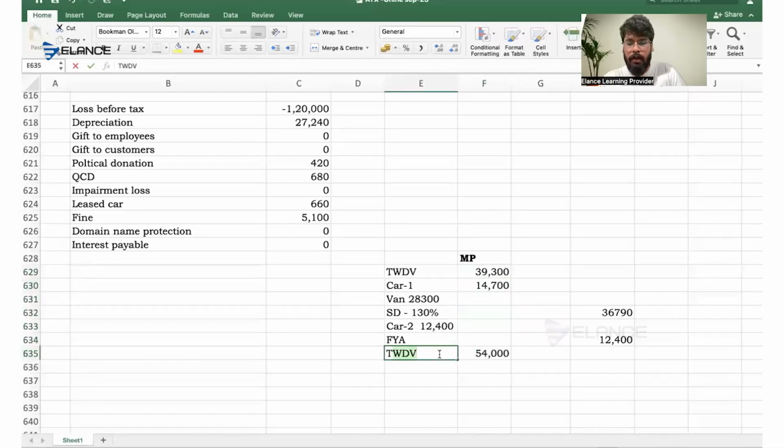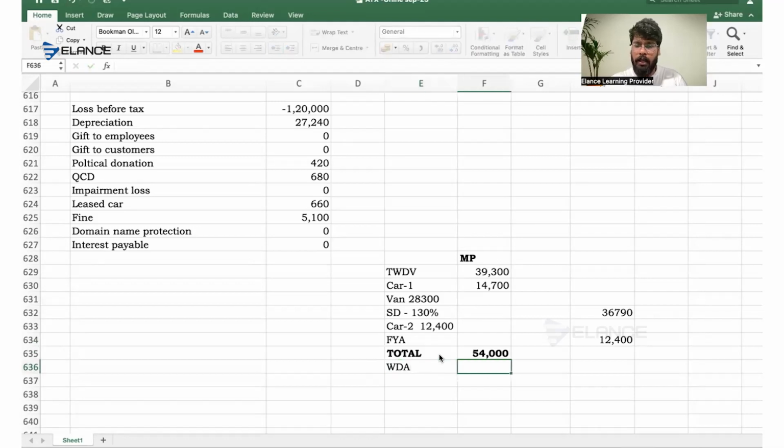The total of the main pool is 54,000. On this total, we can find WDA. The percentage of WDA in the main pool is 18%, so we can directly compute WDA at 18% on 54,000.